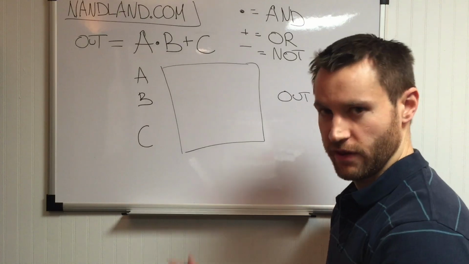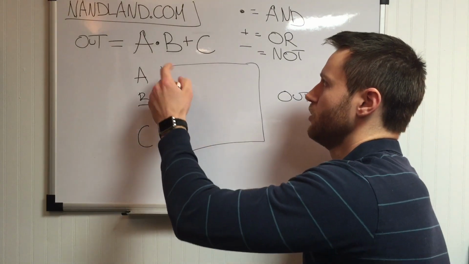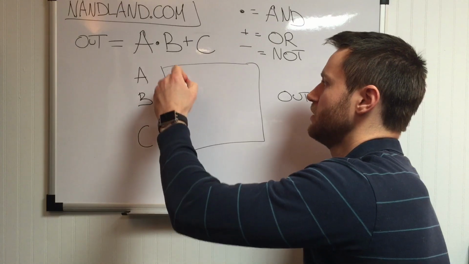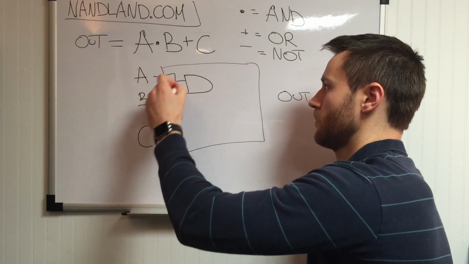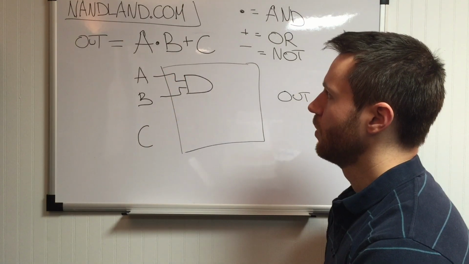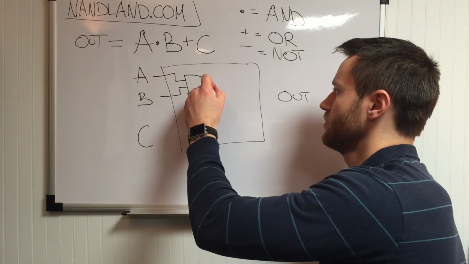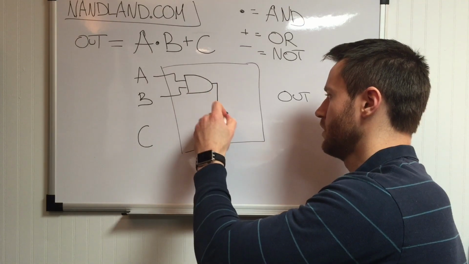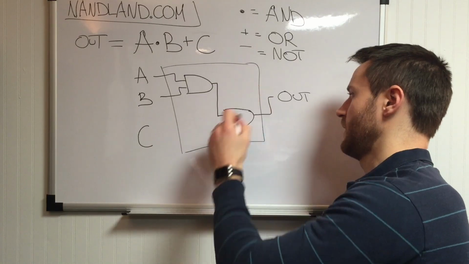What would your FPGA look like if you wanted to draw that equation out? Well, you know that A and B need to be joined together. So there you go, that's an AND gate. Or C. So the output of this can go into an OR gate here, and that's your output here.